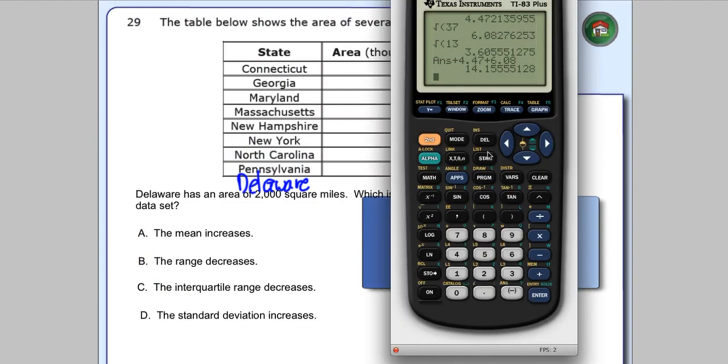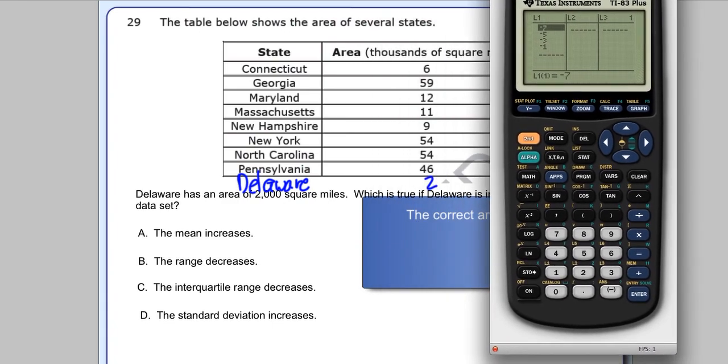However, if you go to Stat and go to Edit, clear your list, and then put the numbers in without Delaware.